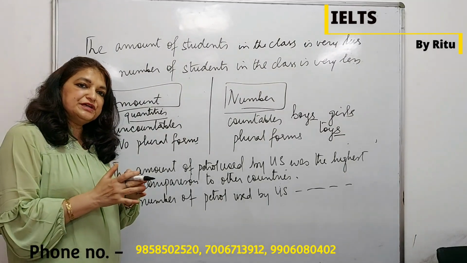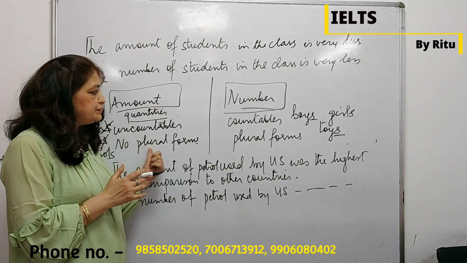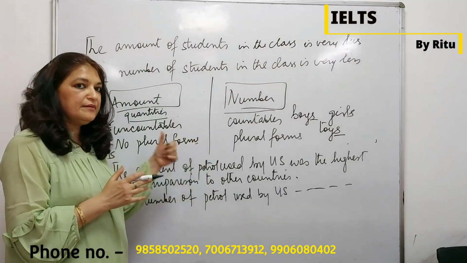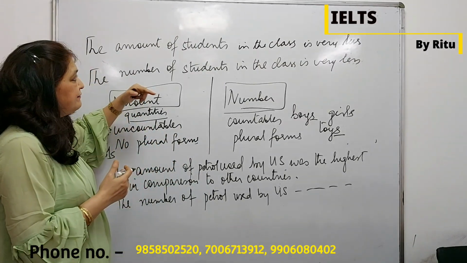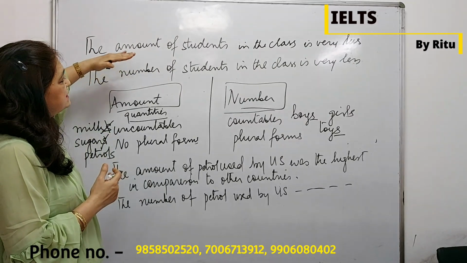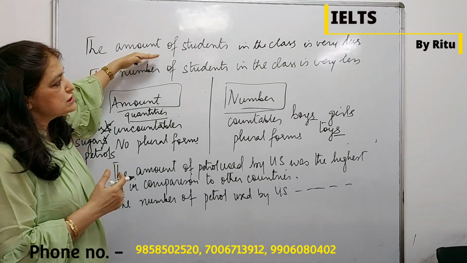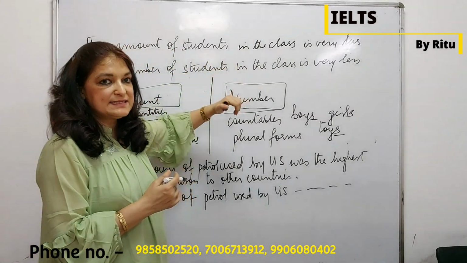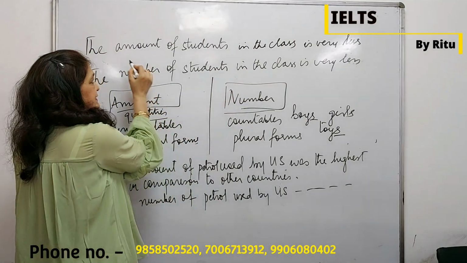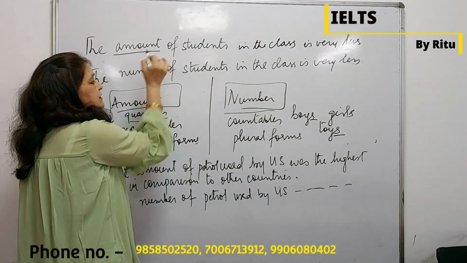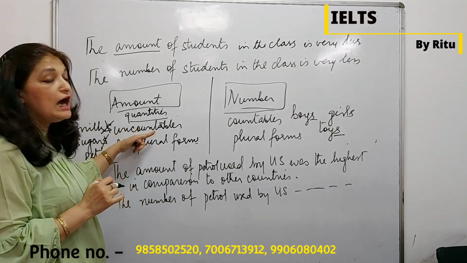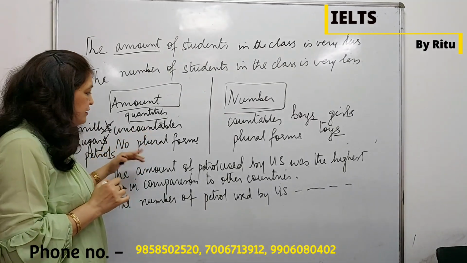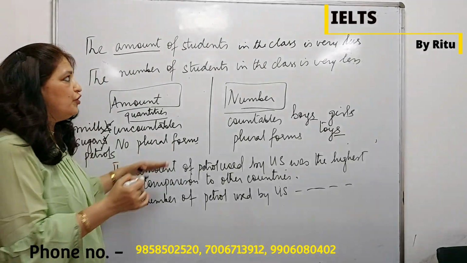Now we'll take the situation when we have these uncountable or countable nouns in our task 1, when we are given some data. We'll take one example. The example is, the amount of students in the class is very less. Now in this sentence, I'm using amount, which I now know can only be used with uncountable nouns, which don't have their plural forms.